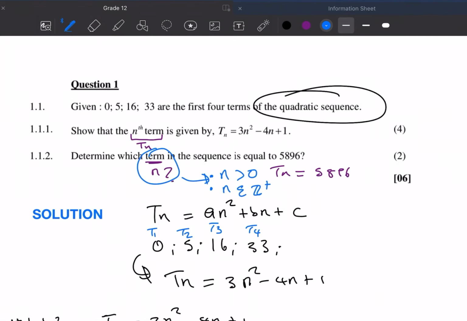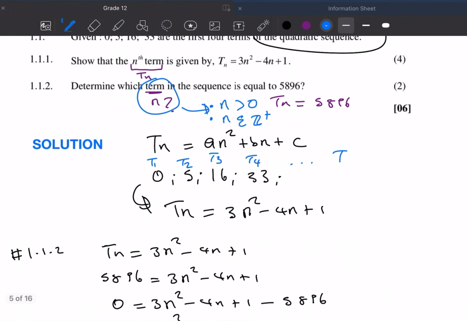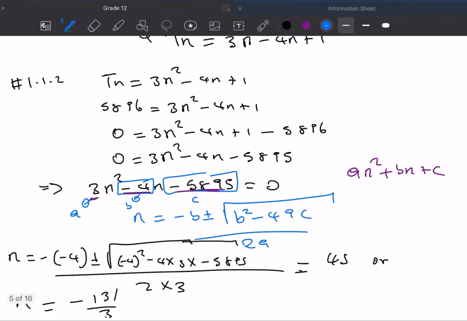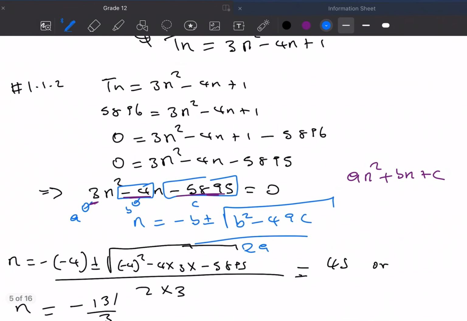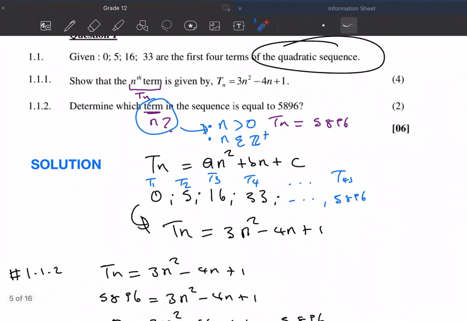We start with the first position, second position, third position, fourth position, and it goes to the end position, which in this case is 45, given that the term is 5,896. So T45 is 5,896. Boom, this is our answer, and this was 2 marks.